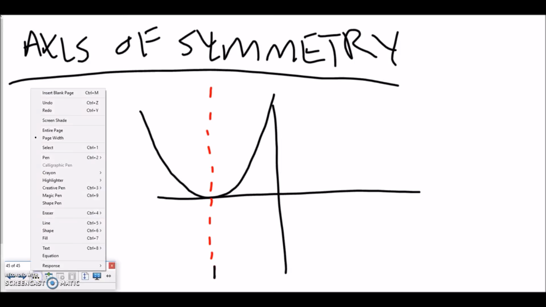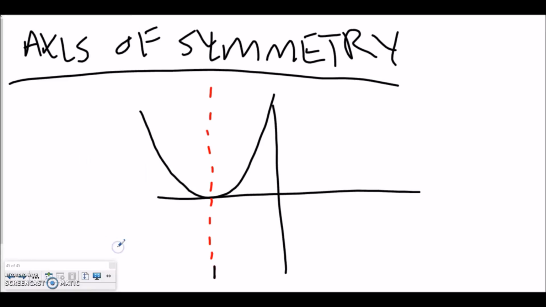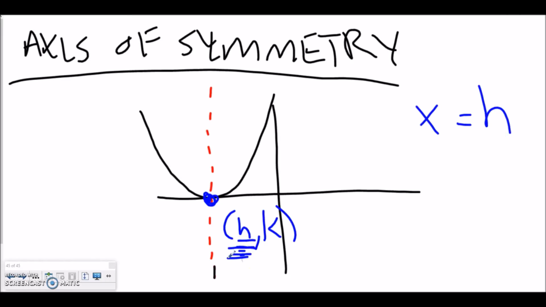Now we know the vertex has the coordinates (h, k), and h is the x-coordinate, so we know that h equals whatever number is the x-coordinate of the vertex. What if I asked you to find the x-intercepts, or where our parabola crosses the x-axis?